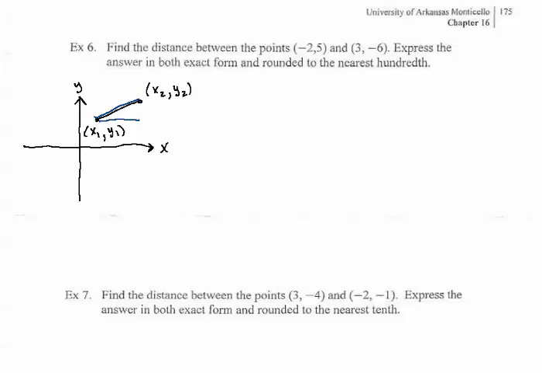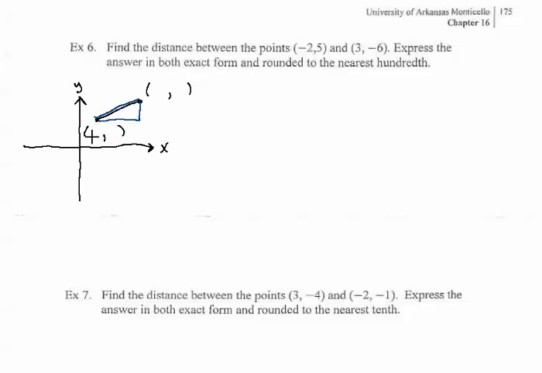So we would just simply draw a horizontal line and a vertical line connecting these 2 points. Now, you were given a formula on the previous page, but what I'm trying to do here is just point out to you that this is just sort of the Pythagorean Theorem with a little bit of makeup on it.